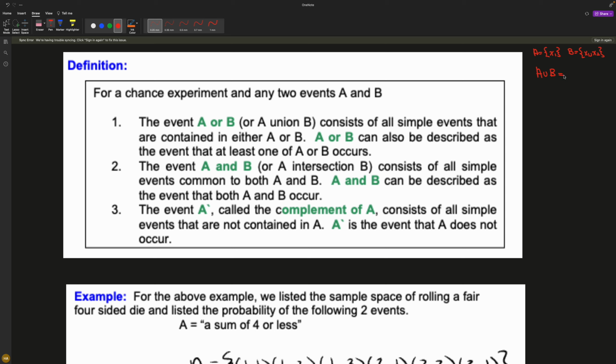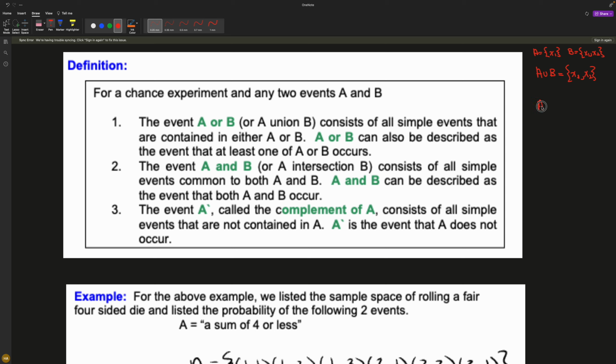Remember, we said it's an element that is in A or in B. So x1 is in A or in B, so this is going to be x1. What about x2? x2 is in B, so we put it in, because remember, it doesn't have to be in both. I said it has to be in either one or the other.